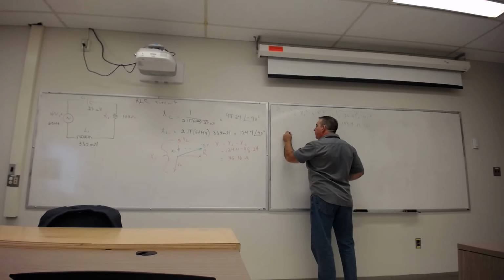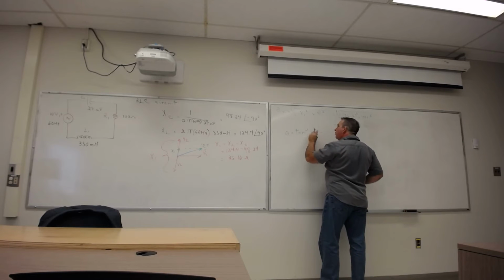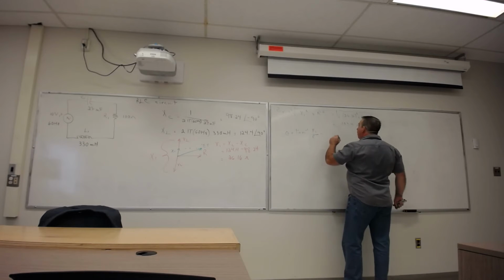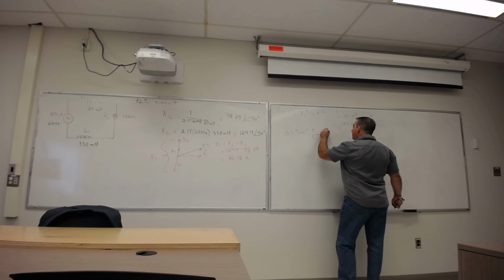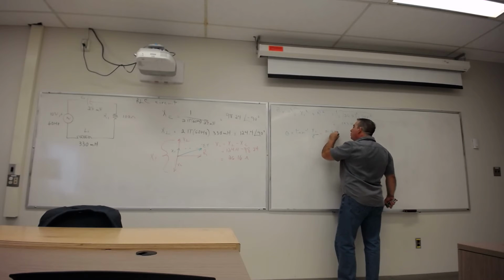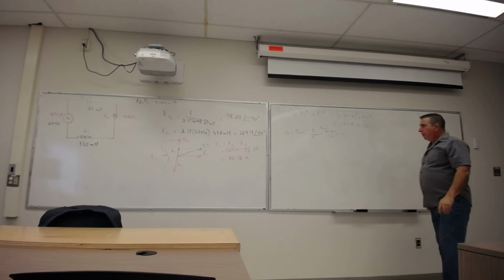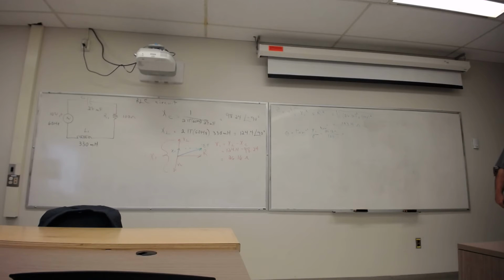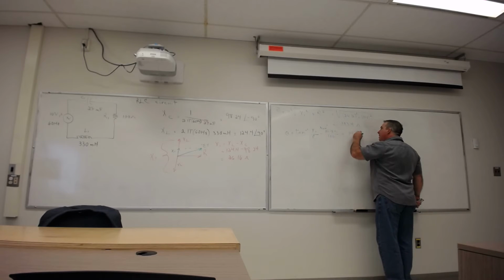Now we'll find the angle. The angle here would be the inverse tan of X1 over R. So we're going to go 26.16 ohms over 100. So you do that and get 14.7 degrees.